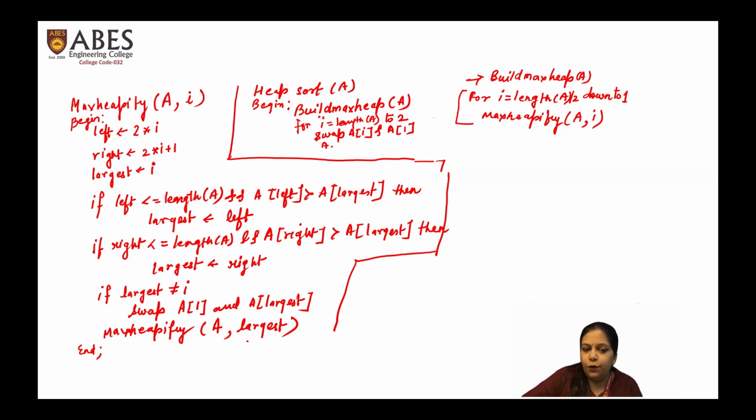And afterwards, we have to reduce the size. If the size is given by A dot heap size, then we have to reduce it.